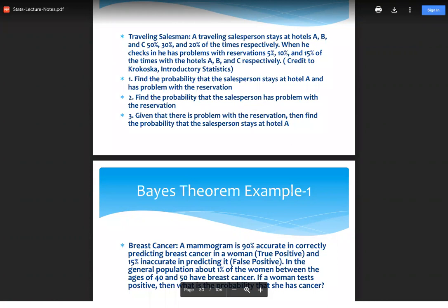All right. When he checks in, he has problems with reservation 5% of the time, 10% of the time, and 15% of the time with the hotels A, B, and C respectively.